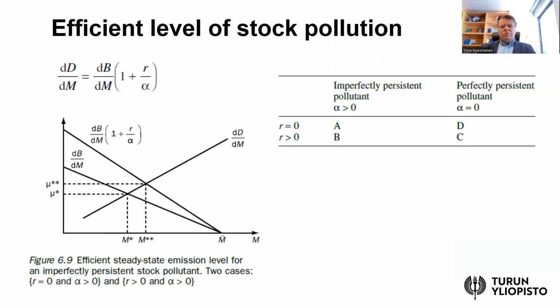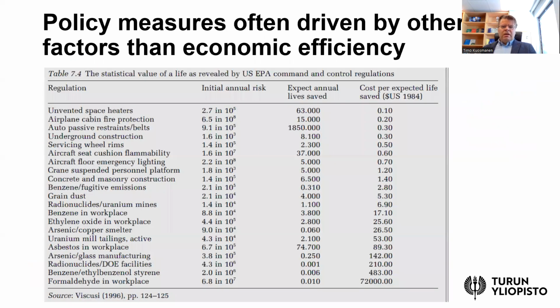However, this framework of setting marginal benefits and marginal damages equal to find the efficient level of pollution is something where we economists have a lot to contribute in this setting of targets. And this is why environmental regulation agencies are also hiring economists to help with these kinds of questions.